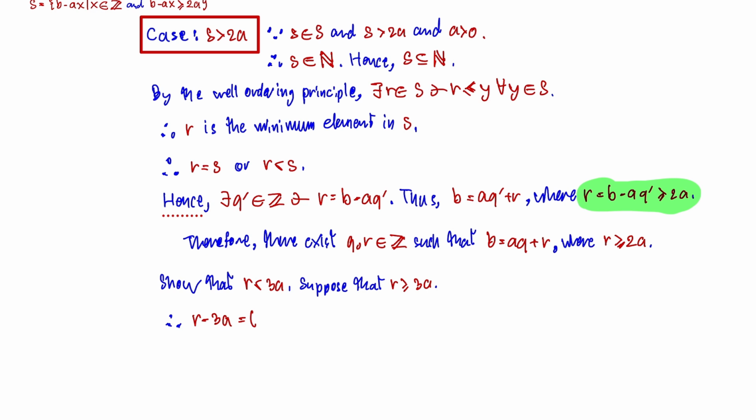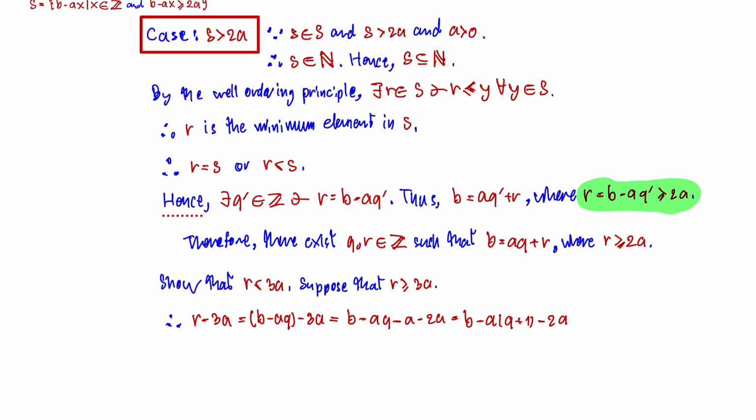So what is R? R is B minus AQ, right? And minus 3A. So we have B minus AQ minus, let me write it like this, minus A minus 2A. Then it turns out to be B minus A times Q plus 1 minus 2A.